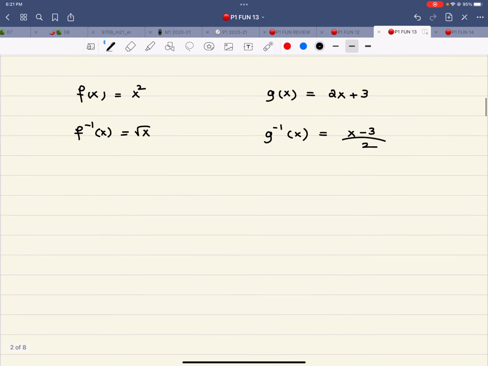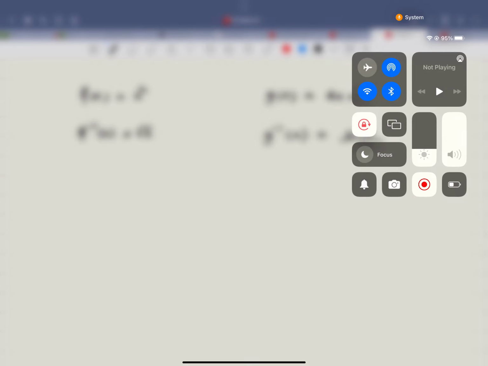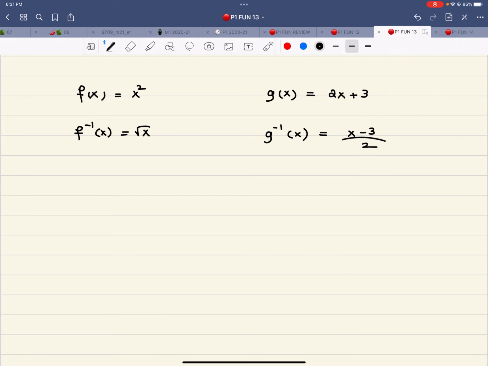And let me form different kinds of functions. I can form, for example, I'll just reduce the brightness, f of g(x). That means g(x) will be inside f(x). So f(x) is x squared, so f of g(x) would be g(x) the whole thing squared, which is (2x plus 3) whole squared.